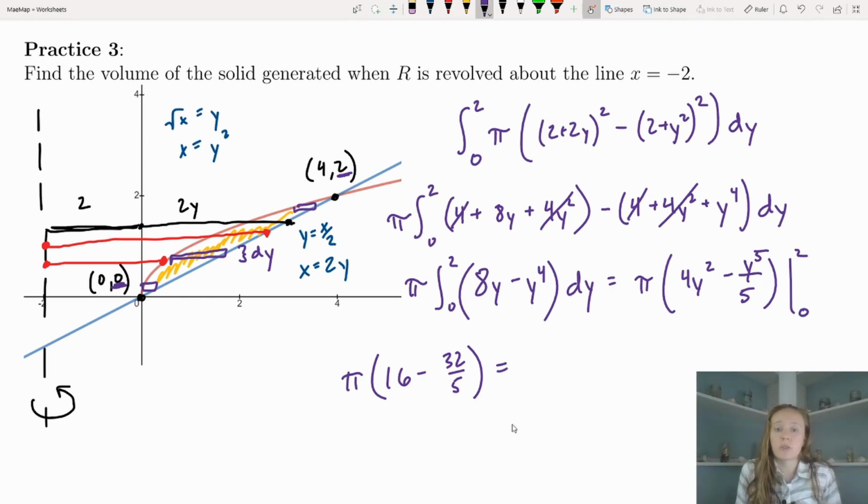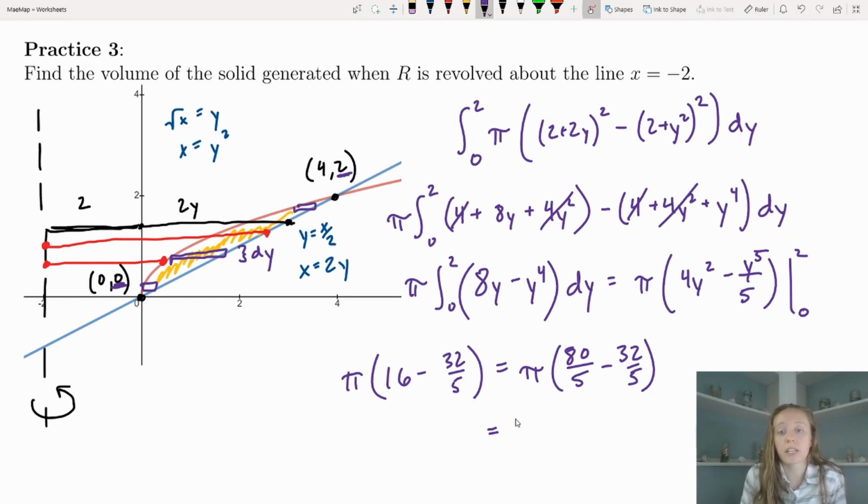So what I need to do is put everything in terms of fifths. So this is going to be pi times 16 times 5 is 80, so that's 80 fifths minus 32 fifths. 80 minus 32 is 48. So the volume here is going to be 48 pi over 5.